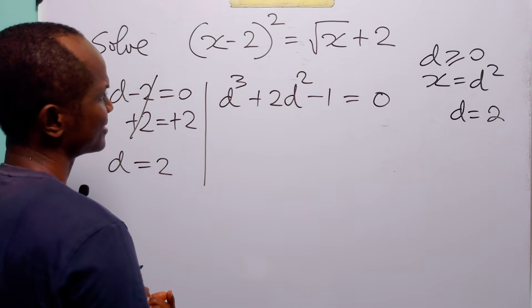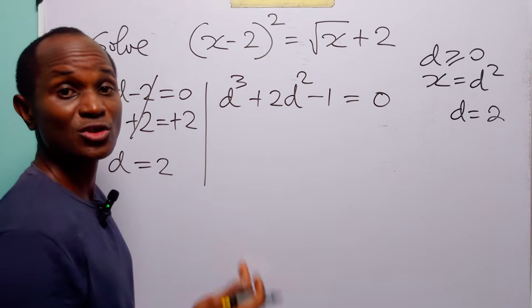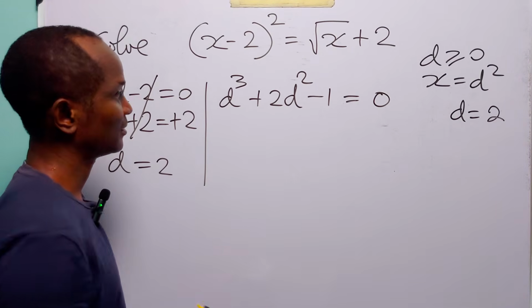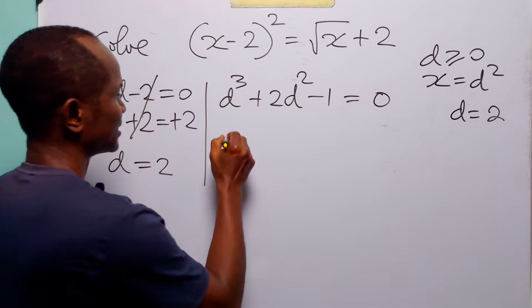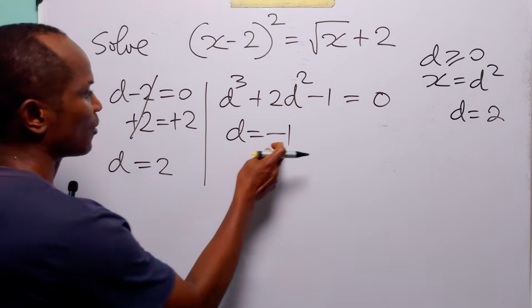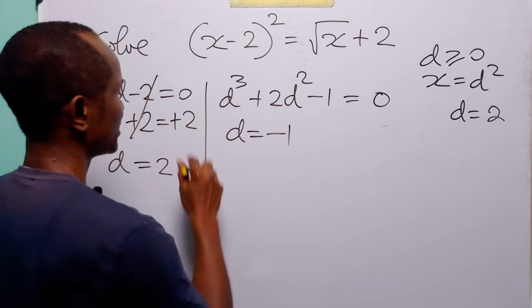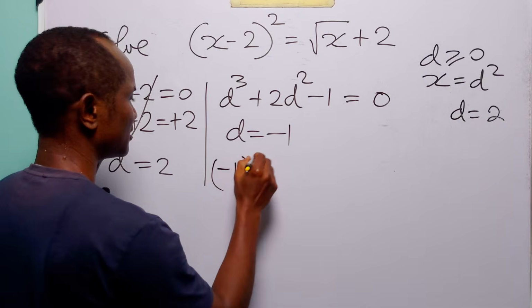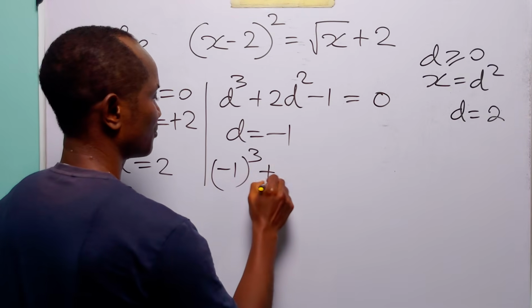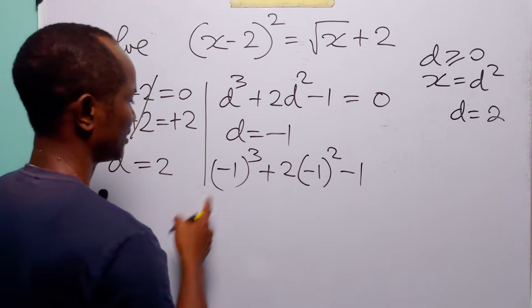Now, in this case, we have a cubic equation. To solve this equation, let us use the trial and error method. Let us test for d equal to minus 1. Now, when we substitute minus 1 for d in this cubic equation, we have minus 1 cubed plus 2 times minus 1 squared minus 1.